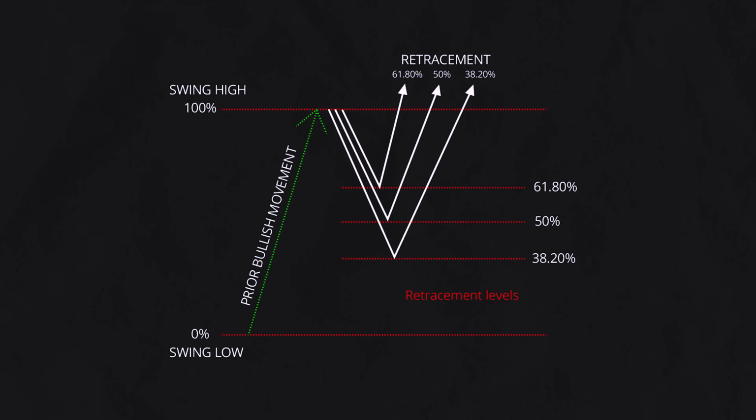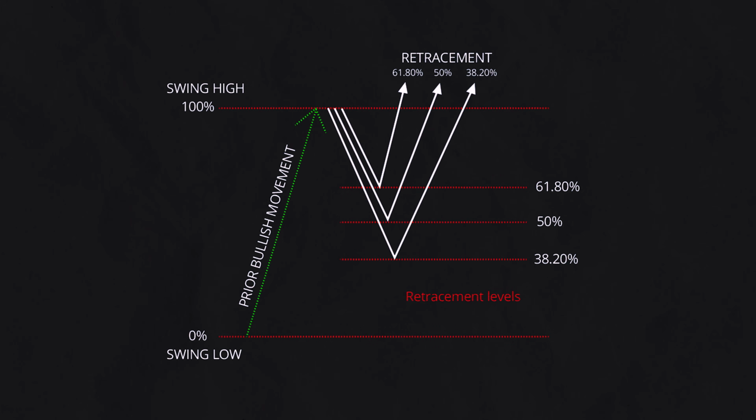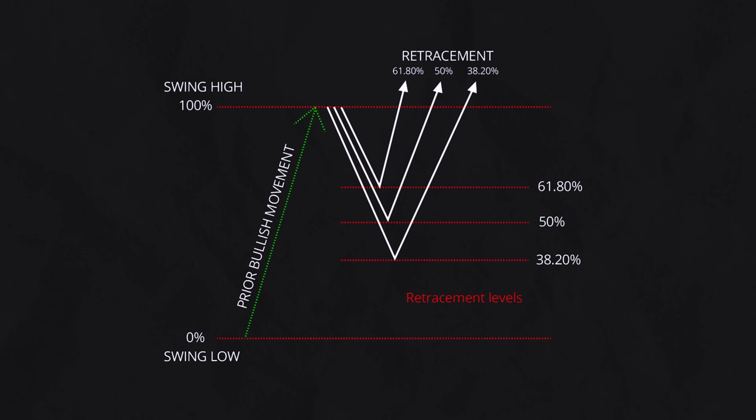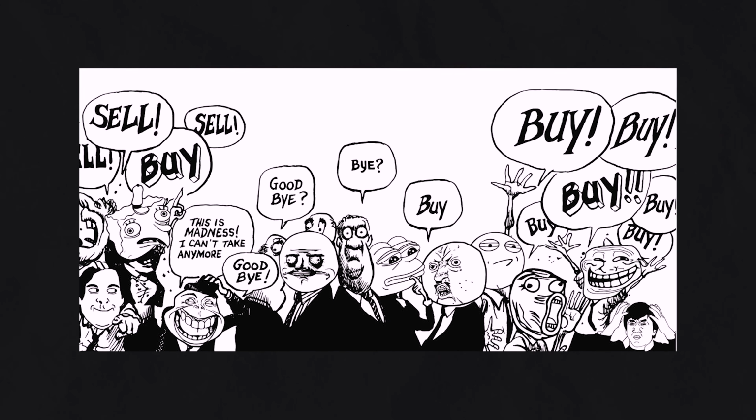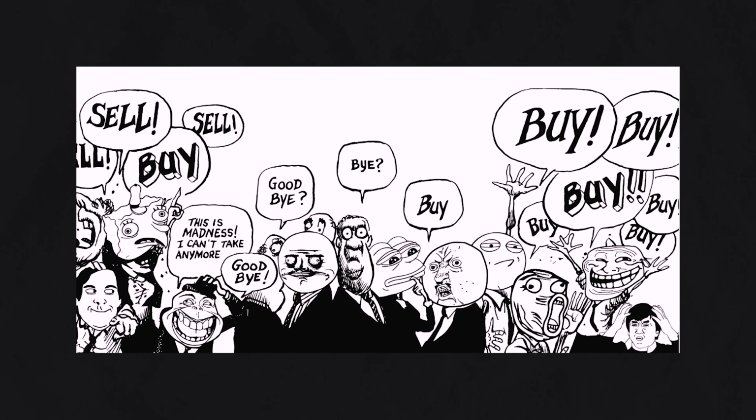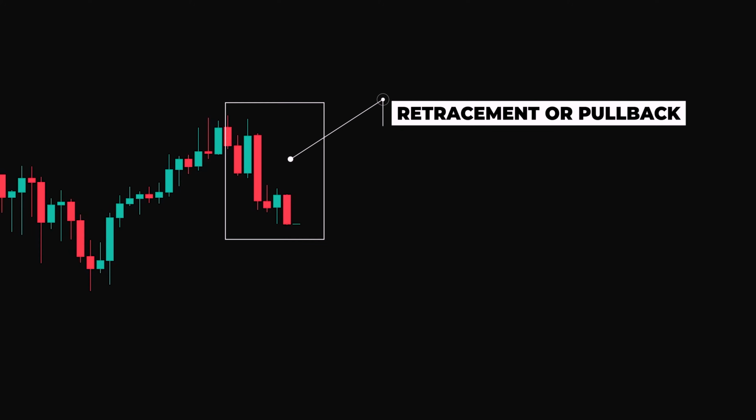Before we dive into how to use the Fibonacci retracement, it's important to understand why it actually works. Markets aren't just random chaos, they're driven by human behavior. When a price starts moving in one direction, say it's going up, it rarely does so in a straight line. Instead, the price pulls back or retraces as traders take profits or hesitate before the next push.